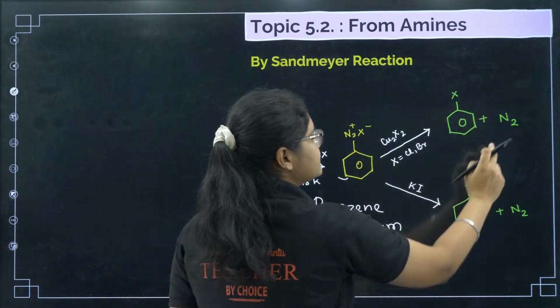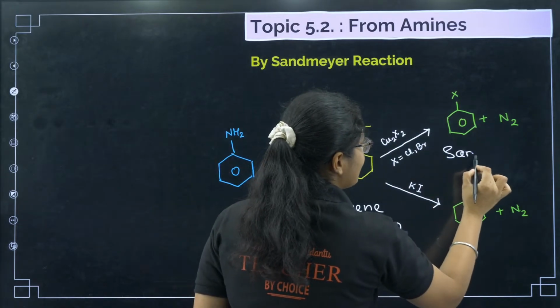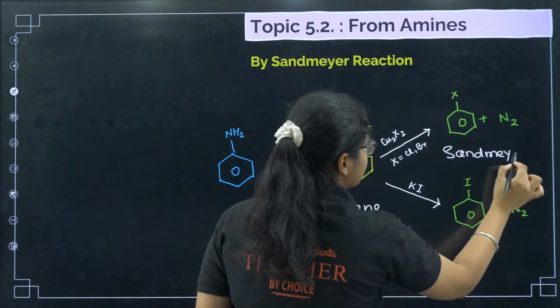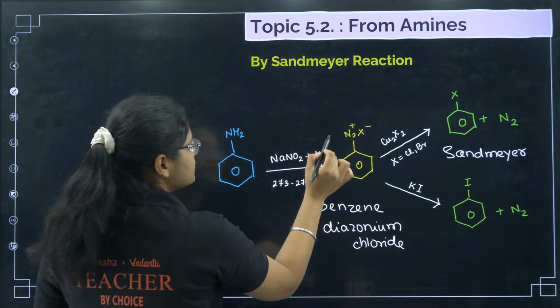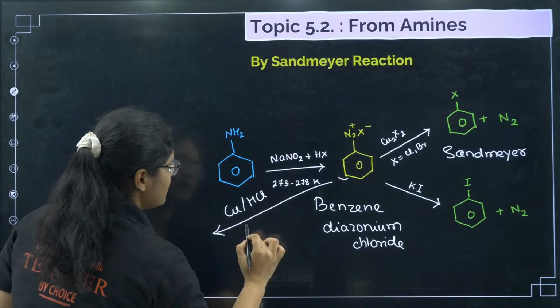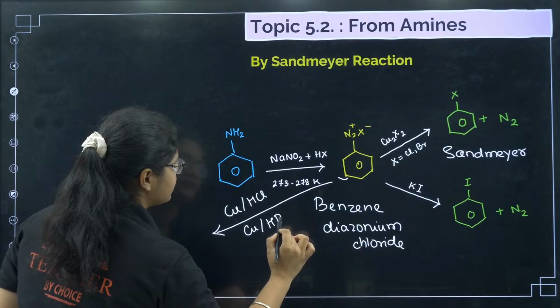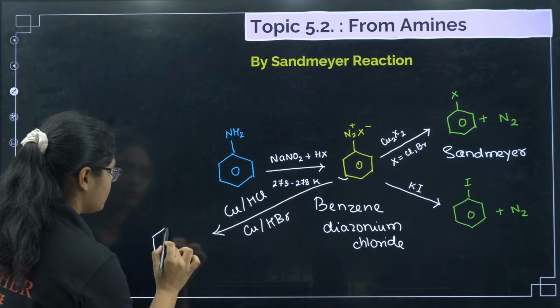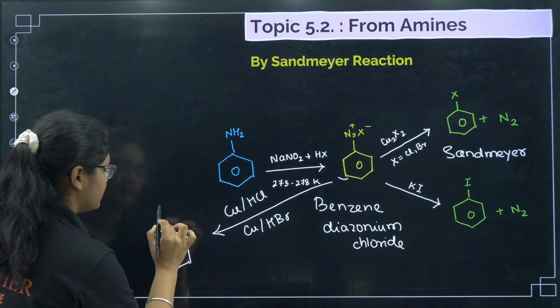Now what is the name of this reaction? This is called the Sandmeyer reaction. Now you can also prepare this by using copper powder and HCl or copper powder and HBr. So that will also give you chlorobenzene or bromobenzene.